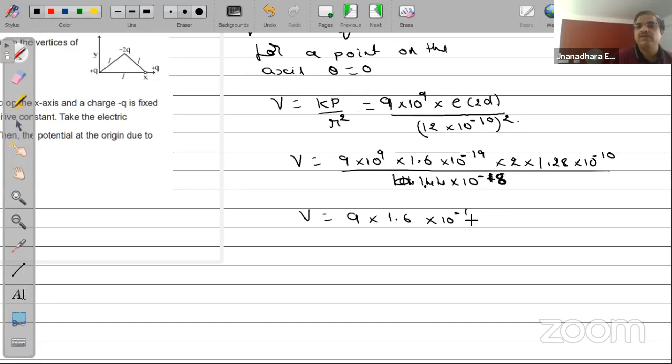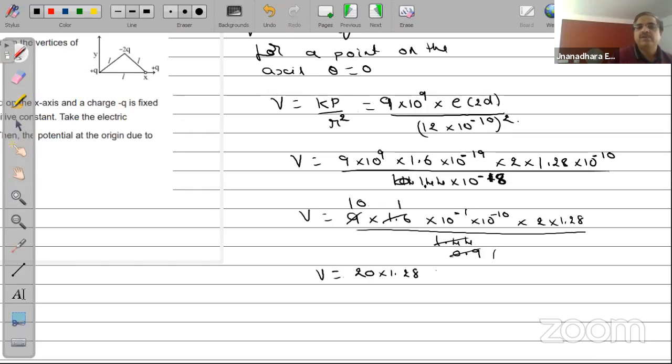So minus 1 into 10 to the power minus 10 into 2 into 1.28 divided by 1.44. So the potential therefore will be equal to 20 into 1.28 into 10 to the power minus 11 volt.